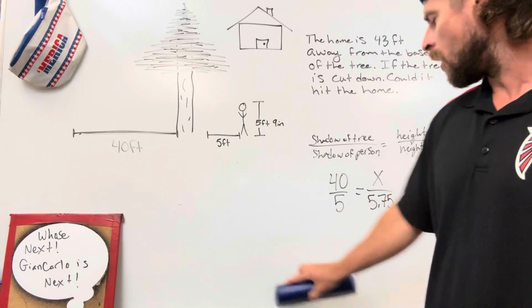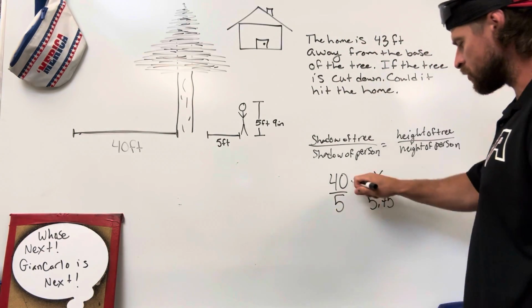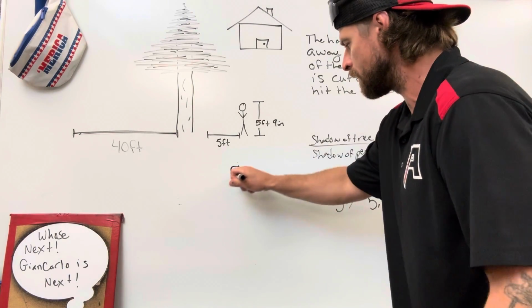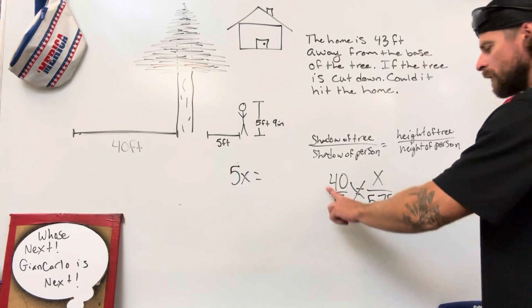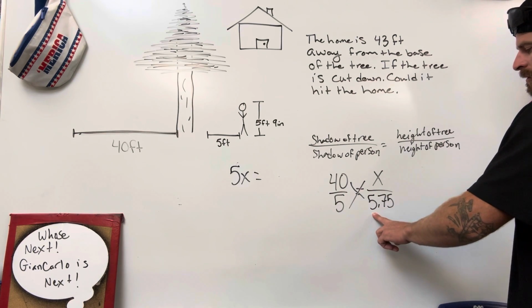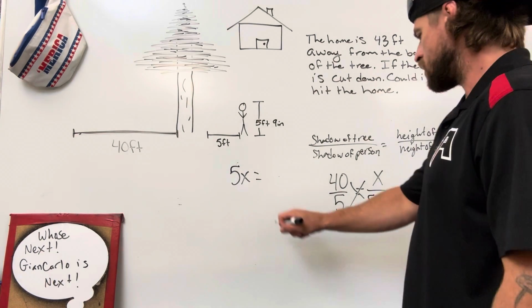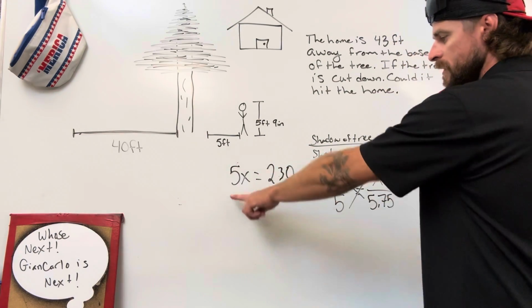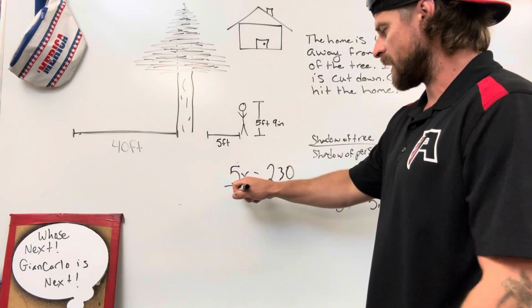Now, all we have to do to solve this proportion is just cross multiply. So we're doing 5 times x. That's simple enough. 5x. We're going to set that equal to 40 times 5.75. 40 times 5.75 is 230. And then we just divide by 5 on both sides.